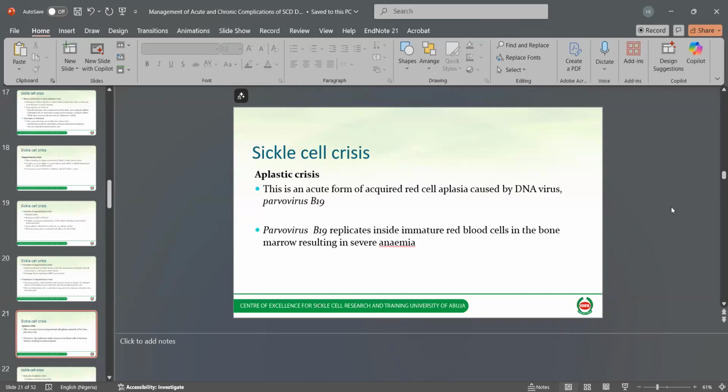So they go to infect the erythroblast, and right there in the bone marrow, as the red cells are being synthesized, they are being broken down because the parvovirus is replicating in them, resulting in hemolysis of the erythroblasts right in the bone marrow.